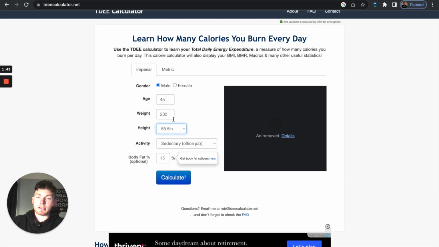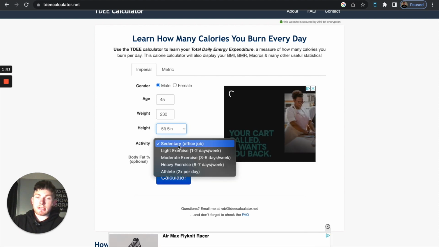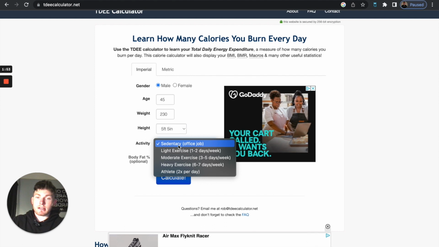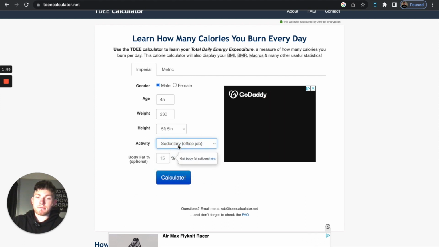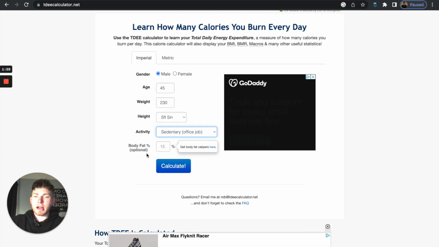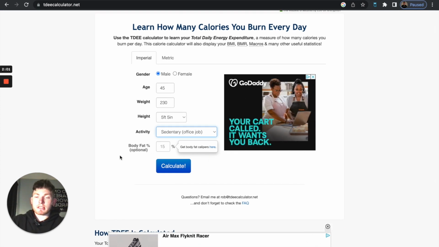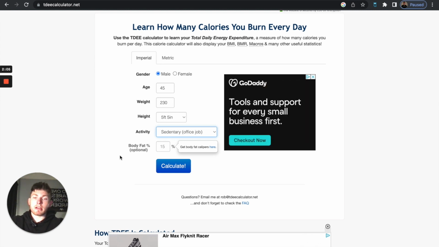Okay, so you're going to put in your age, your weight, your height, and then essentially how active you are. I'm just going to leave it at sedentary, so office job. My guy's sitting at the desk all day. As far as body fat, I never put this in. You can put it in if you want, but you can just leave it just like that.